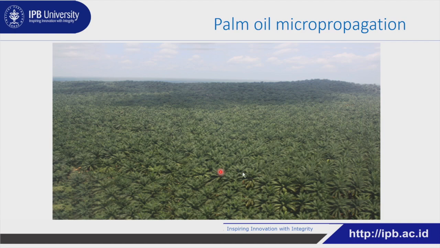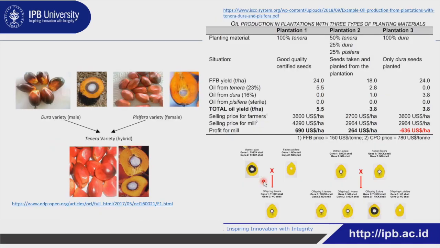So the need for new plants is high, and the problem is that the variety they use is a hybrid. It's called Tenera, from Dura cross with Pisifera. Why? Because with 100% Tenera, they can get more profit compared to a combination of Tenera, Dura, and Pisifera.